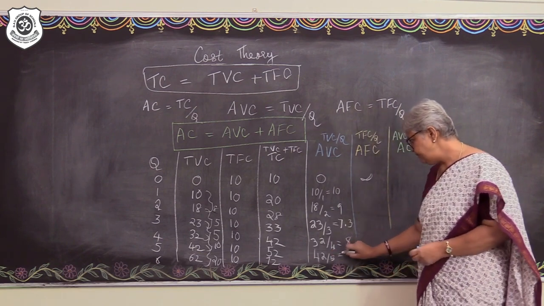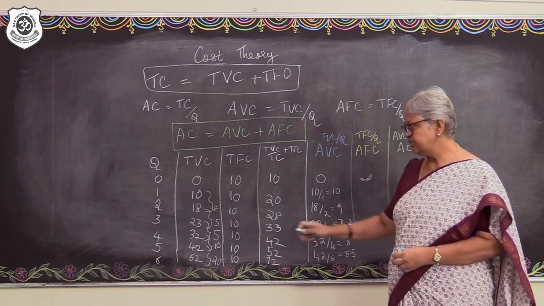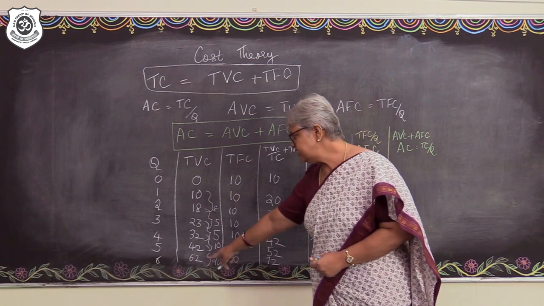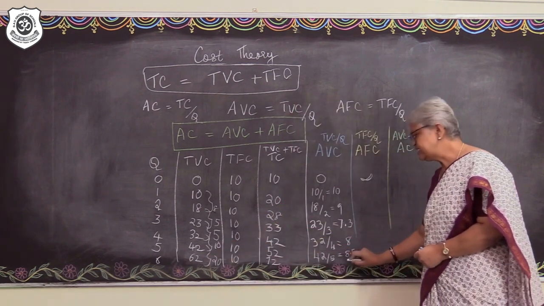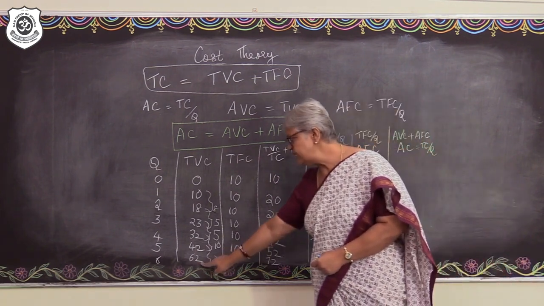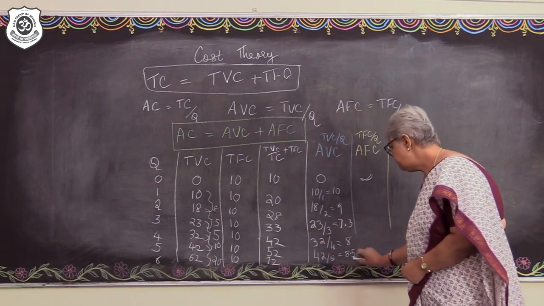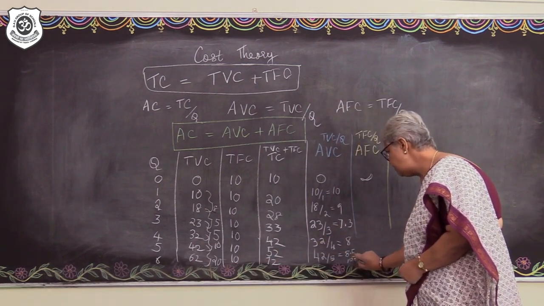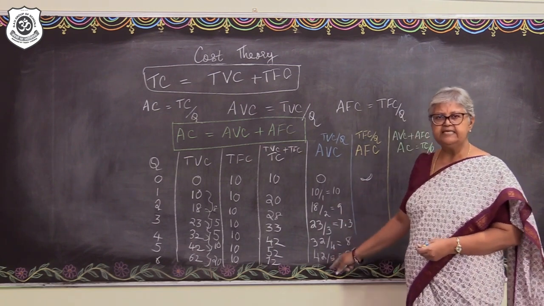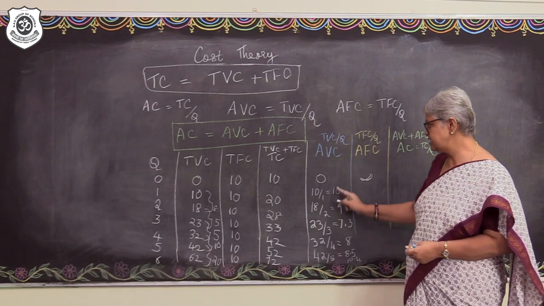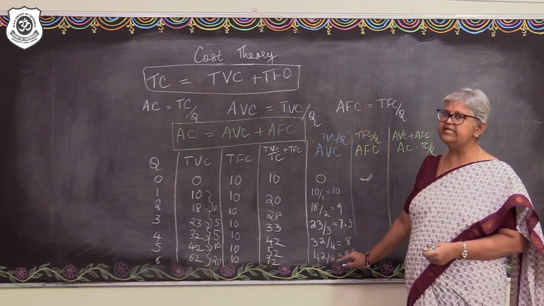So that is going to be 8.4. Then the next level is going to be 62 by 6, and that would be 10.33. Yes, what do we see? It's increasing. The average variable cost is continuously falling and then it is going to increase.